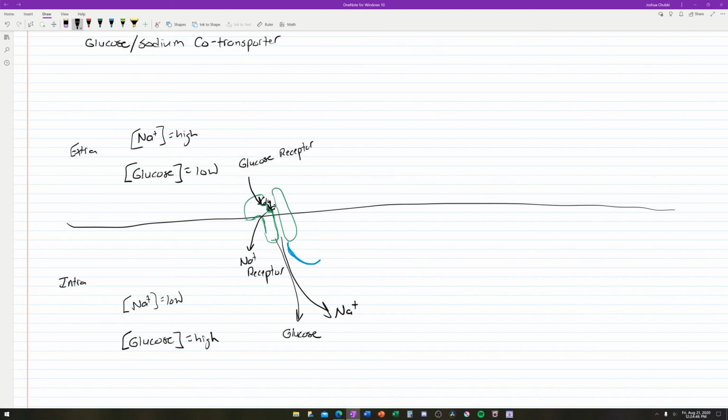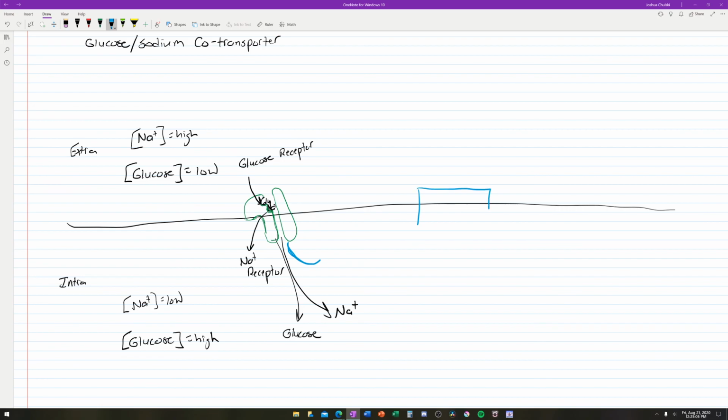Now you may accept everything I said, but you've introduced more sodium into this system. Won't this equilibrate the sodium on the inside and the outside of the cell? That's a very good observation.